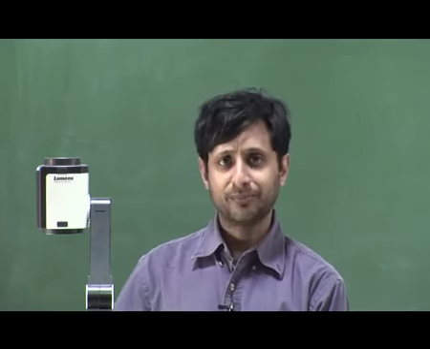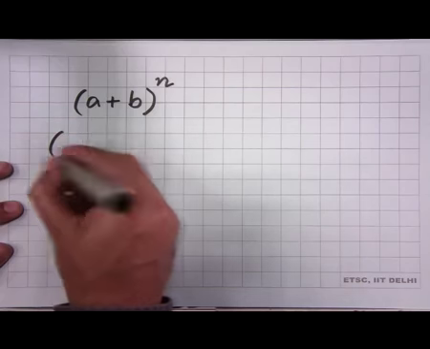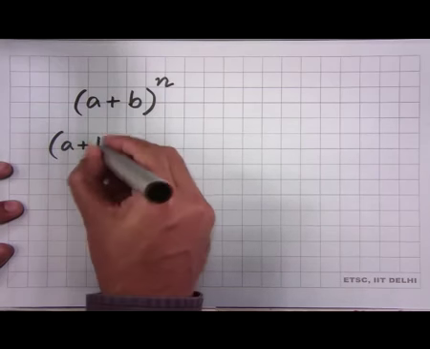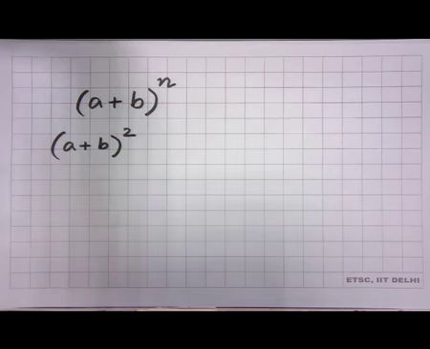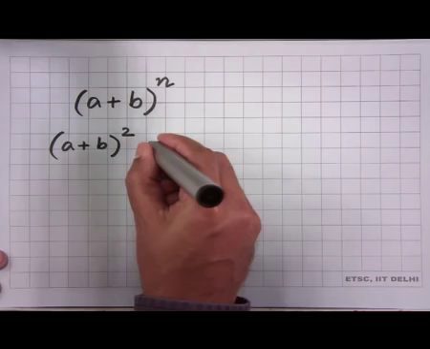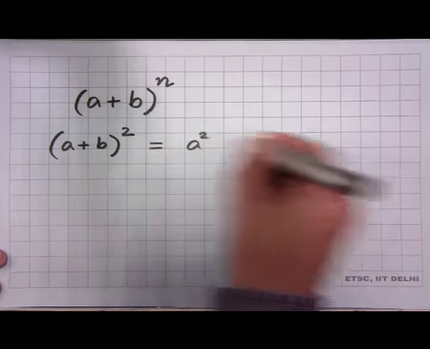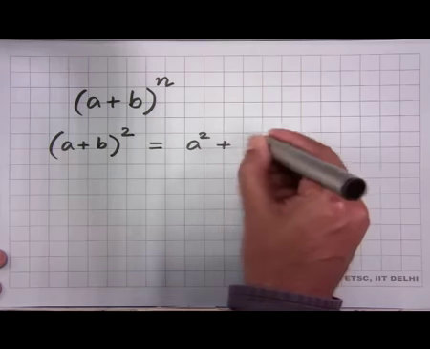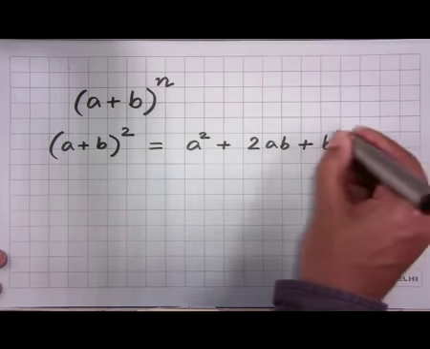So, to start with, this is something that you all know. We are going to start with a plus b whole squared, and this is something that you all know. You have all studied this. This is a squared plus 2 times a b plus b squared.